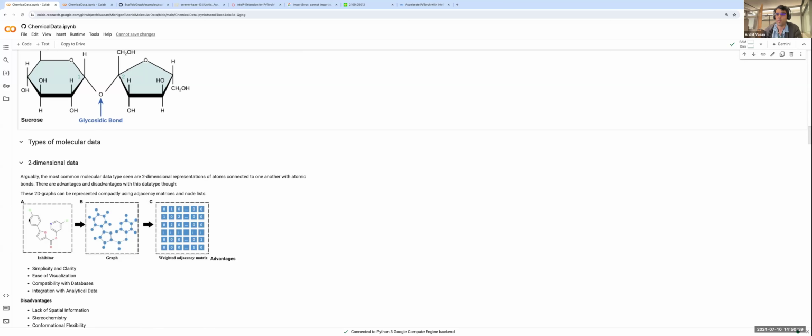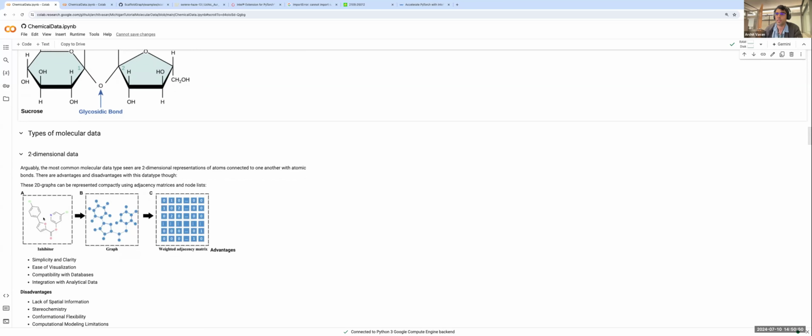So for example, a carbon atom here, a carbon atom here, a carbon atom here, and then all connected with these molecular bonds. And so it's very straightforward to just think of this as a graph structure. As you can see here, this molecule can be split into a bunch of nodes and edges. This can then be turned into a weighted adjacency matrix in order to represent this as a graph structure.